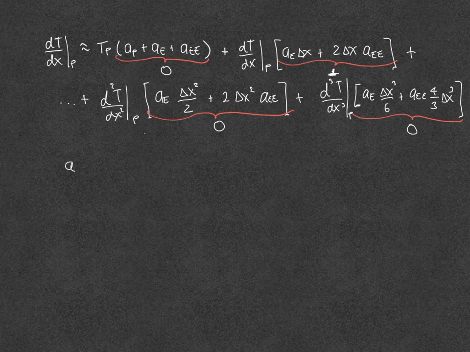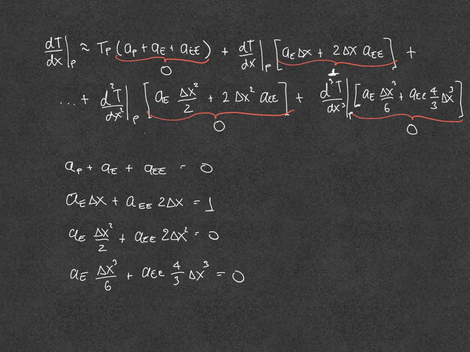So we have AP plus AE plus AEE equals 0. Okay, so we go in the future time. Right now we have everything. See, we have 4 equations.